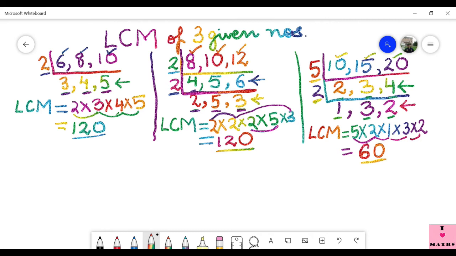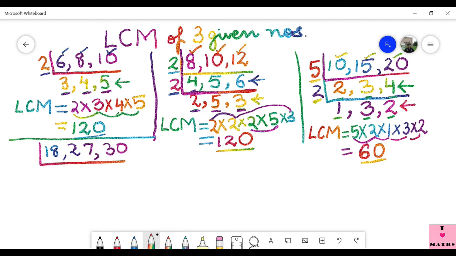Okay children, let us find the LCM of 18, 27 and 30.